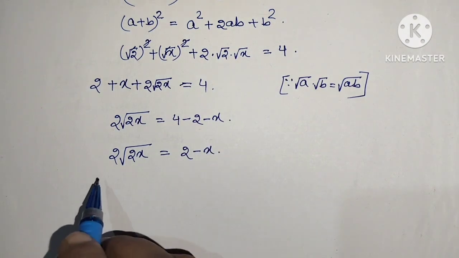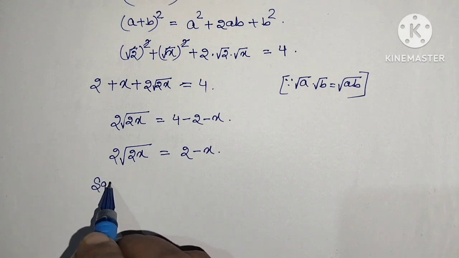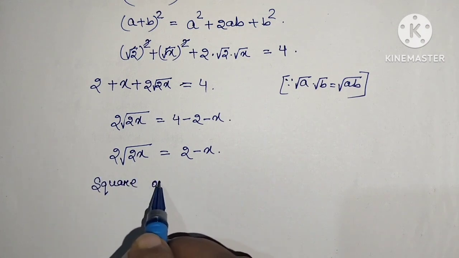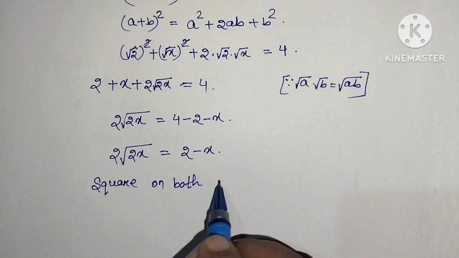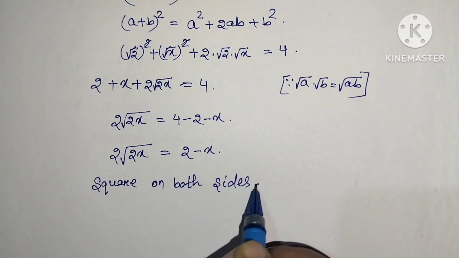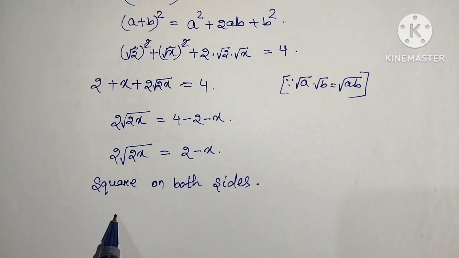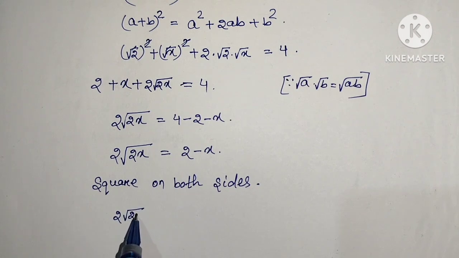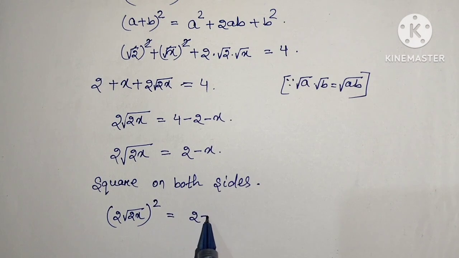Then again square on both sides. Then (2 root of 2x) whole square is equal to (2 minus x) whole square.